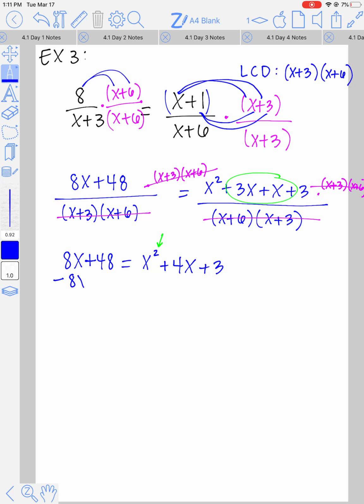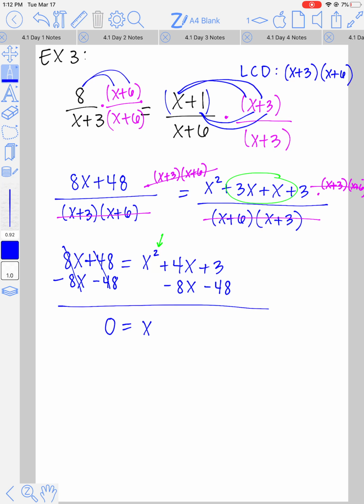So I'm going to subtract 8x from both sides, and that'll cancel out on the left. I'm also going to subtract 48 from both sides as well. So on the left, I just have 0.